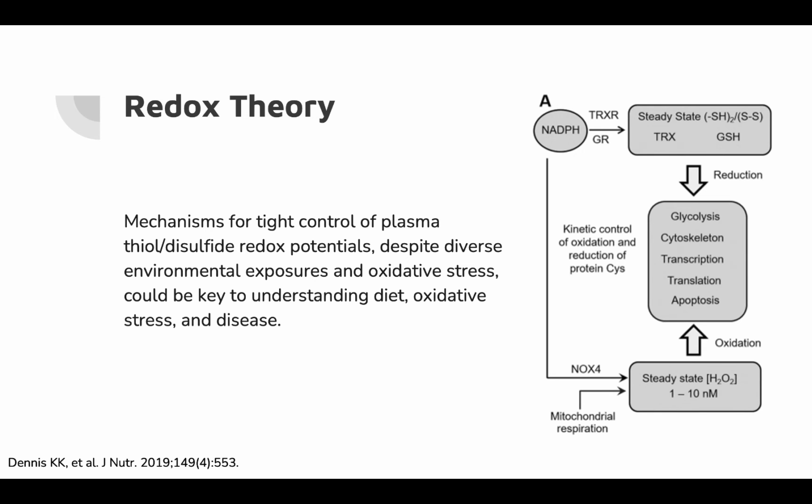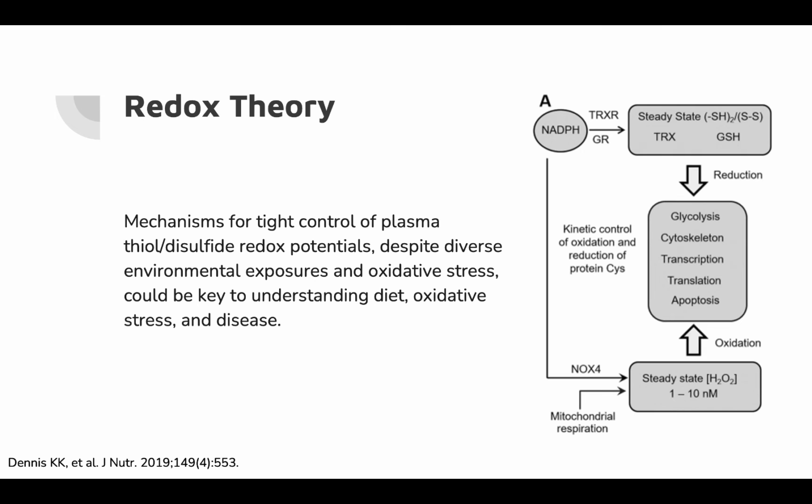And you can see that sort of intricate connection in the figure on the right of this slide. So we've got NADPH interacting with mitochondrial respiration and NADPH-dependent oxidase enzymes at the bottom, and that's driving oxidation. But at the same time, NADPH at the top is interacting with other enzymes to create a steady state to combat that oxidation through reductive pathways.